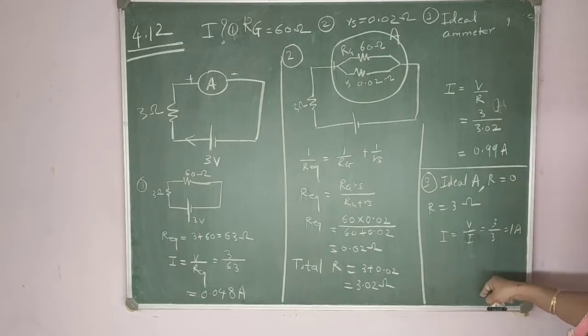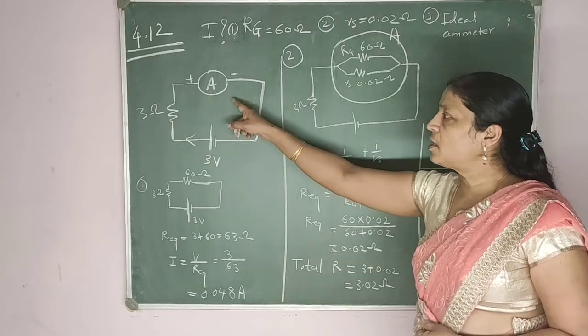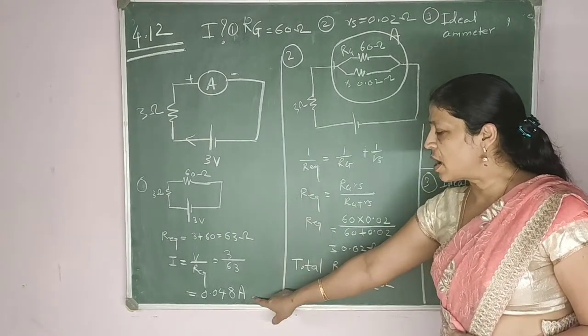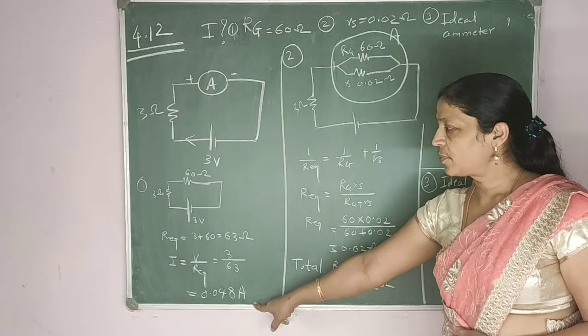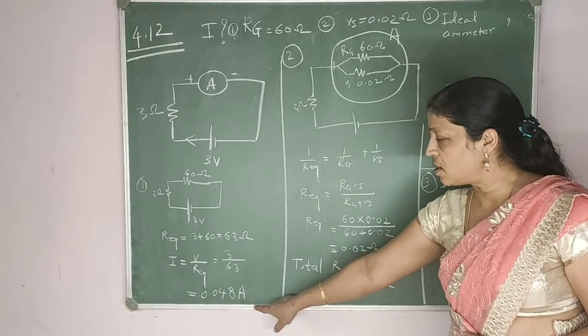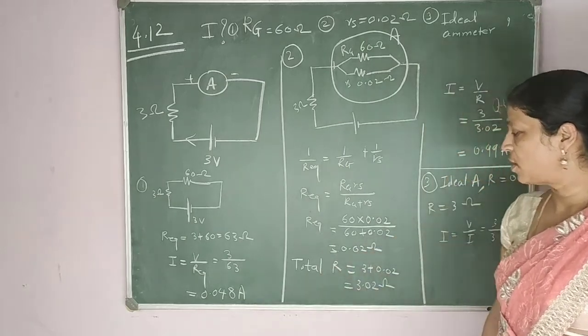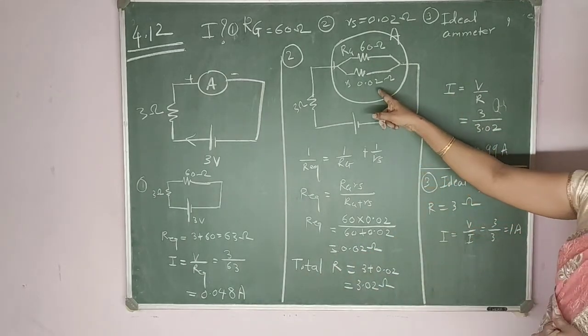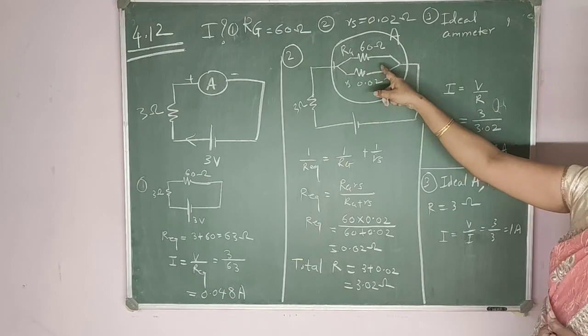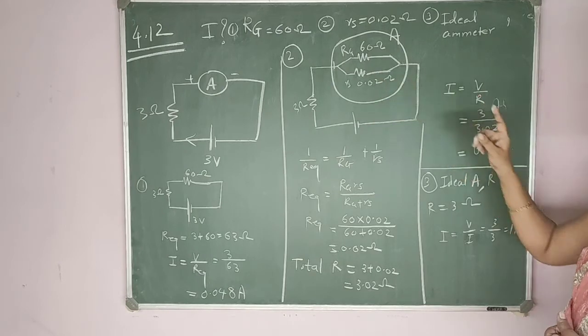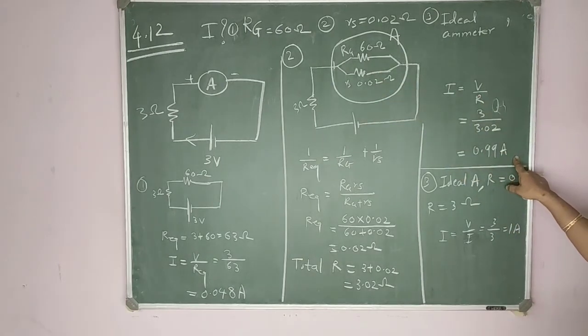Now from this example also, students, you can find that we cannot keep a galvanometer at the place of an ammeter as it is. If you keep a galvanometer at the place of an ammeter as it is, see the amount of current we get. Too much difference is there in the amount of current. And if we put a small shunt resistance in parallel with the galvanometer, then see the amount of current we get in the circuit.